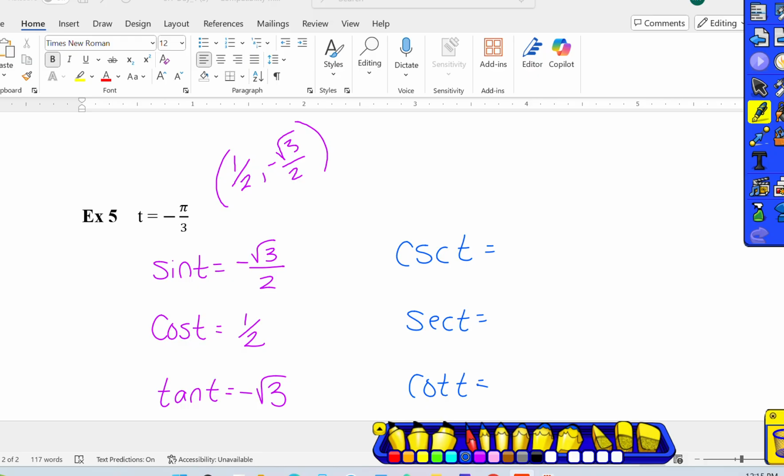So if I remember this one, if I flip that, that's negative 2 over root 3. So that would be negative 2 root 3 over 3. If we flip 1/2, we get 2. And then if you look up above, if you remember what we got when we flipped negative root 3, that would be 1 over root 3. Negative root 3 over 3.